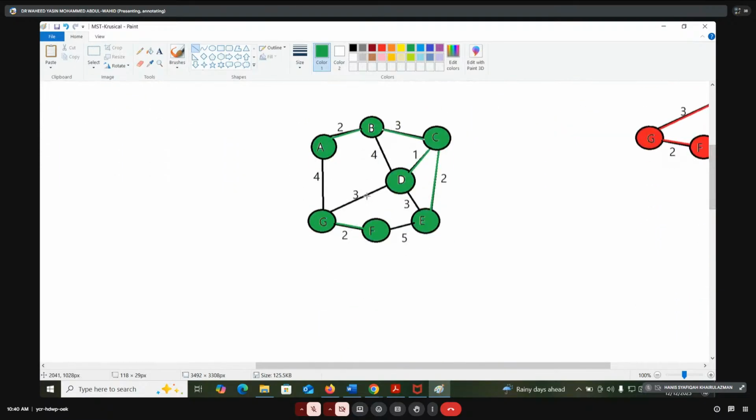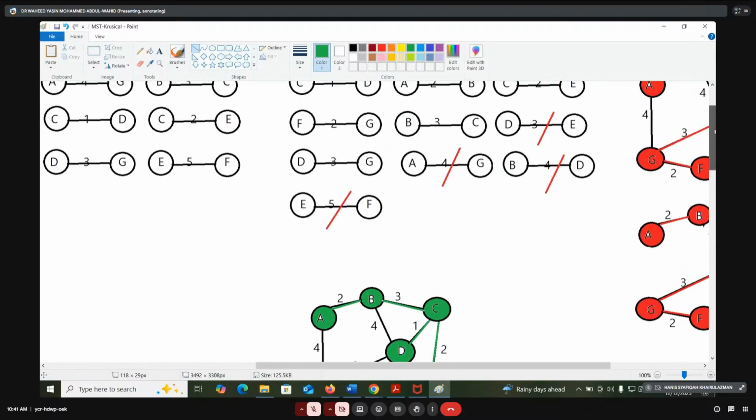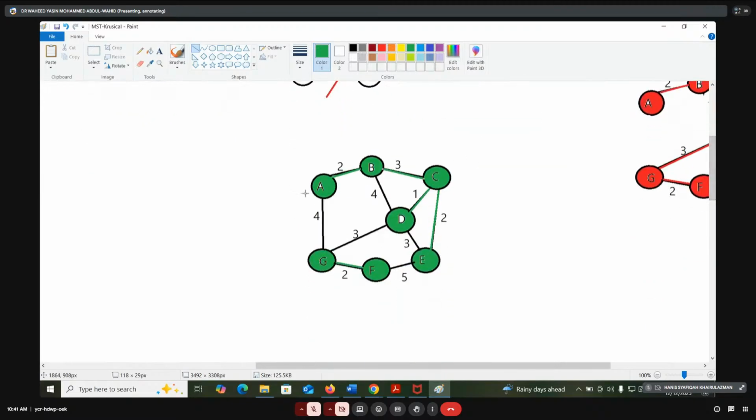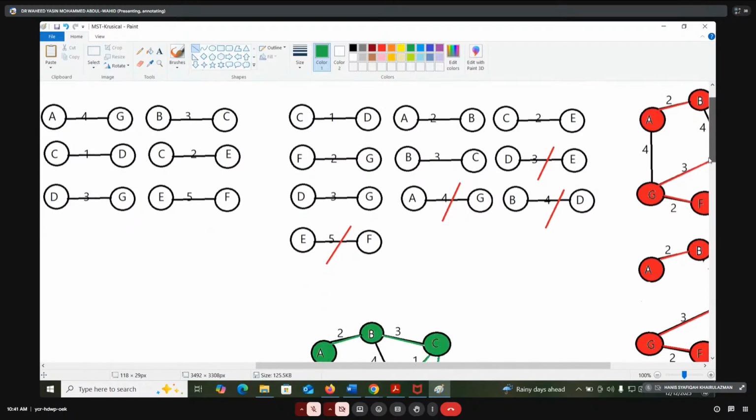DG, it will also be a cycle. Okay, so I'll ignore it. AG, it will be a cycle.